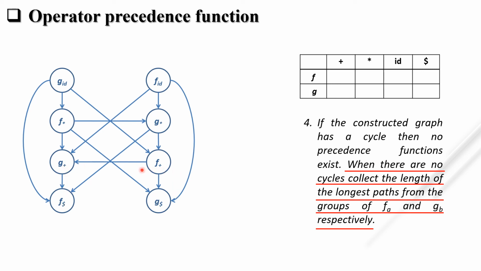This, 2. So what do we write here? 2. If it ends in g of dollar with 3, then we have to consider those 3 edges. There are 2 edges from f of plus to the end marker, that is f of dollar. So we write here 2.